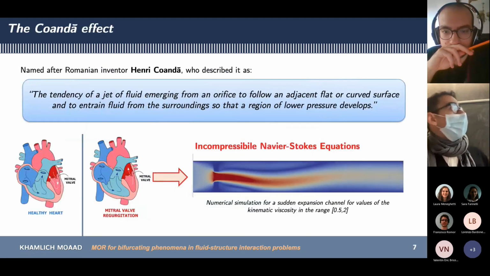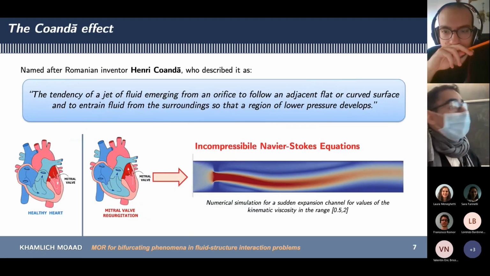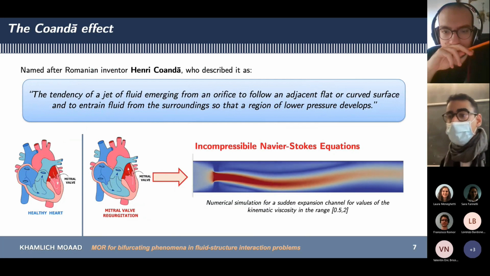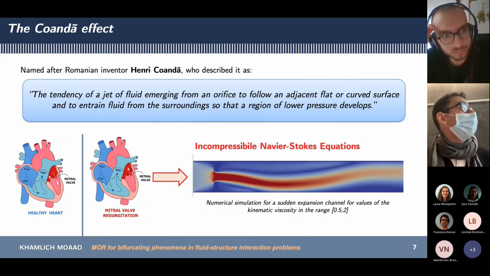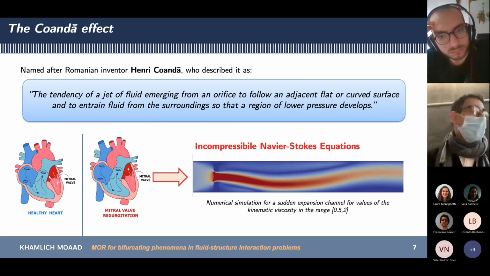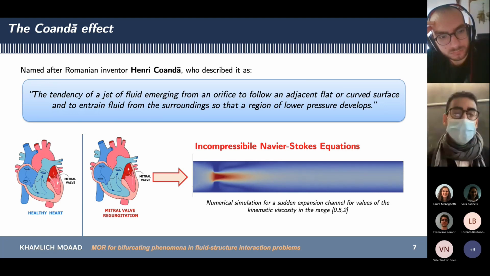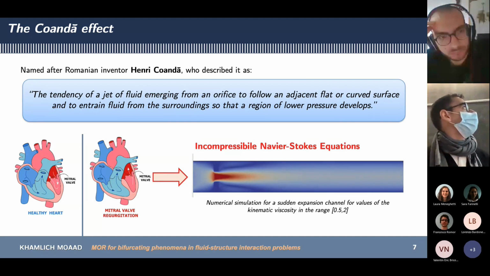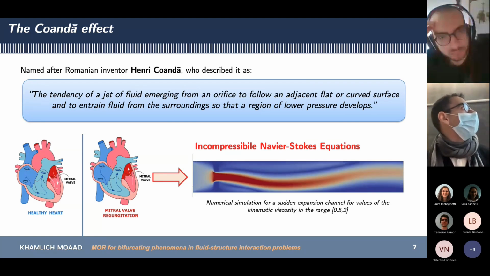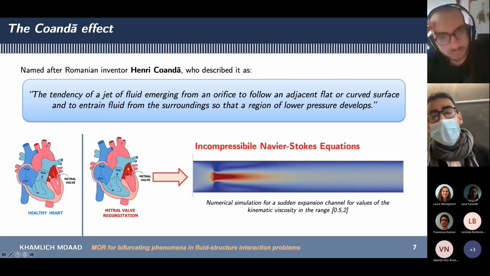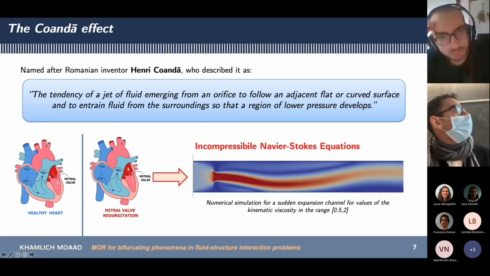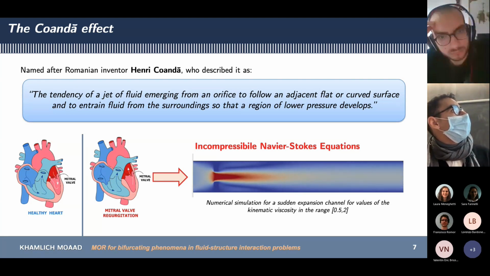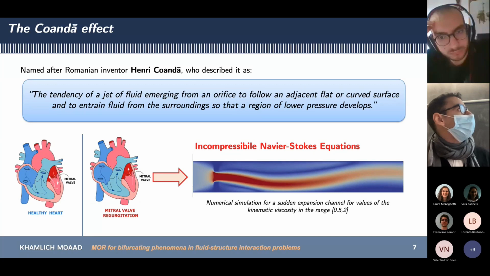The bifurcation we have addressed concerns the so-called Coanda effect, which manifests in a lot of different ways, but for our test case, it's enough to state that it can happen when a fluid is exiting from an orifice and attaches to one of the nearby walls.